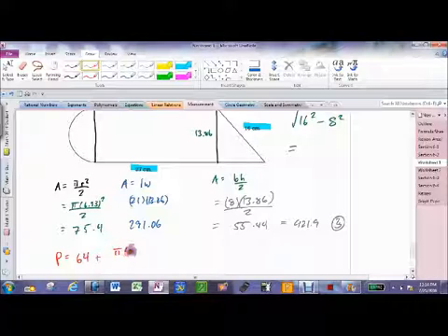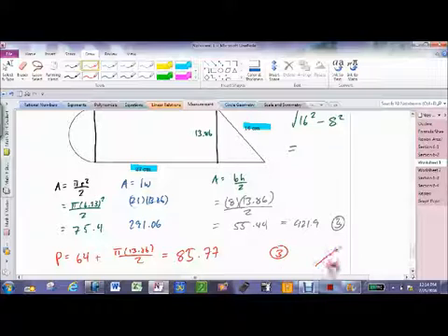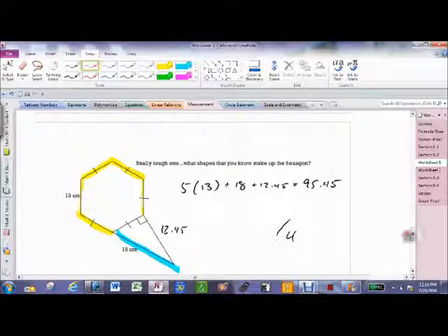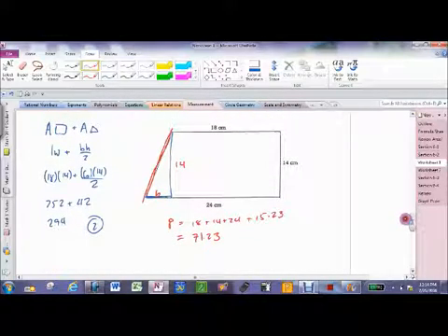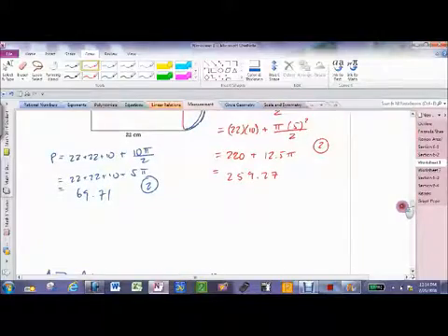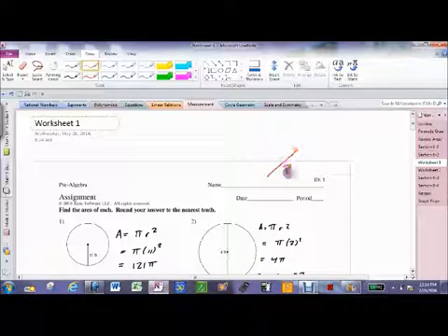So pi times 13.86 divided by 2 is 21.77 plus 64, 85.77 for 3, making that out of 6. That out of 4, making that page out of 10. That page out of 2, 4, 6, 8, 18, and 7, making the whole thing out of 31.